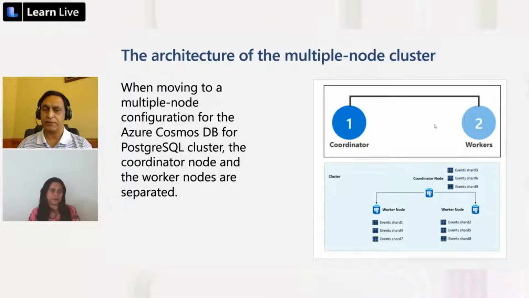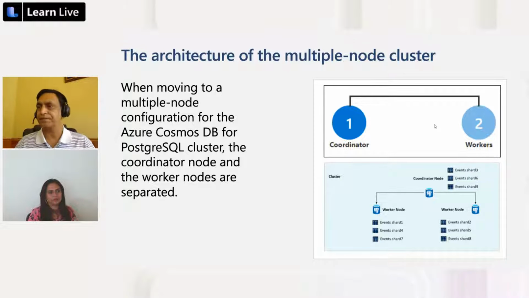The difference is that shards are distributed along the nodes, and the coordinator node actually receives the query and then figures out if it needs to send the query to a specific worker node. For example, if you want to get the data for device type 42, and 42 lives inside shard 4, then it goes to worker node 1. So that's how the coordinator node controls the flow, gets the data back and then presents it to the query.